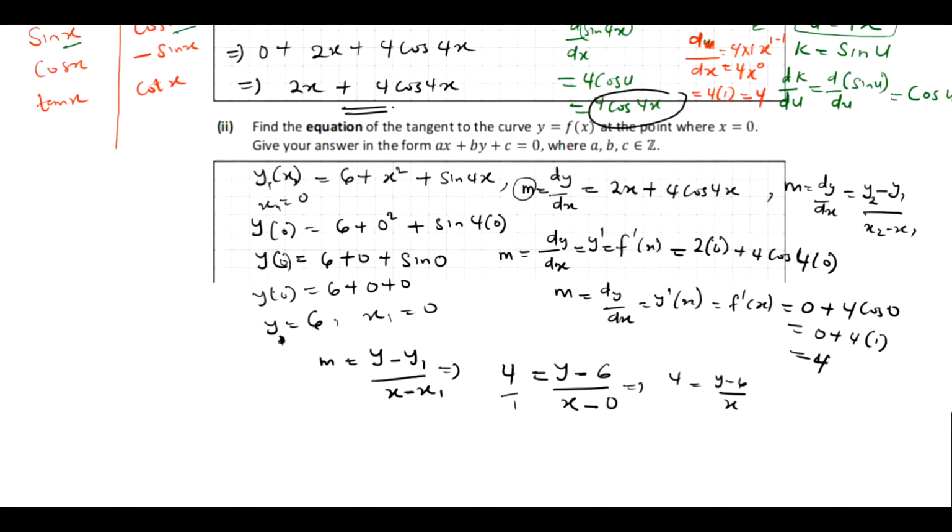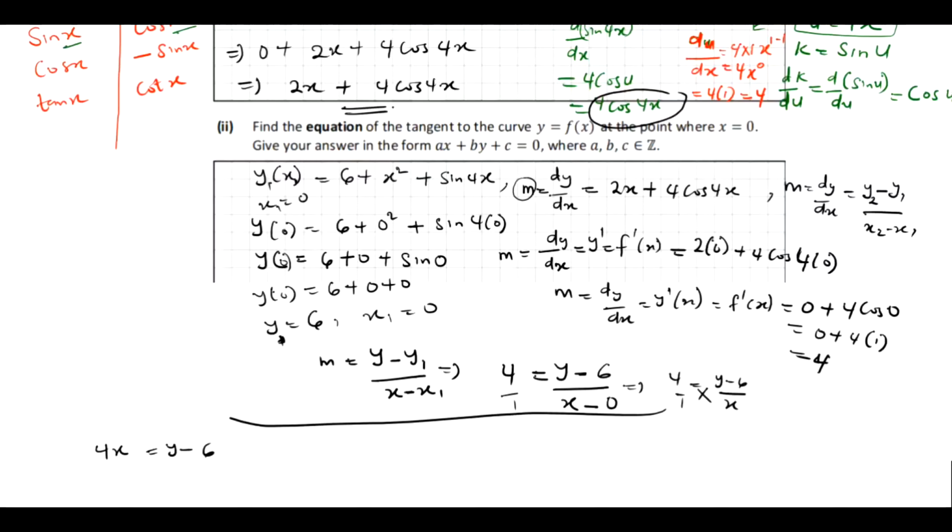So by cross multiplication, that gives the tangent equation. By cross multiplication, I have 4x equal to y minus 6.